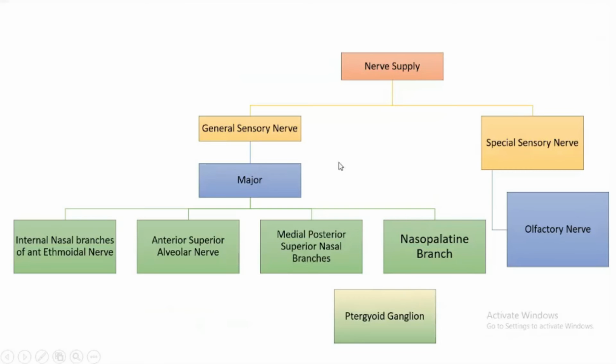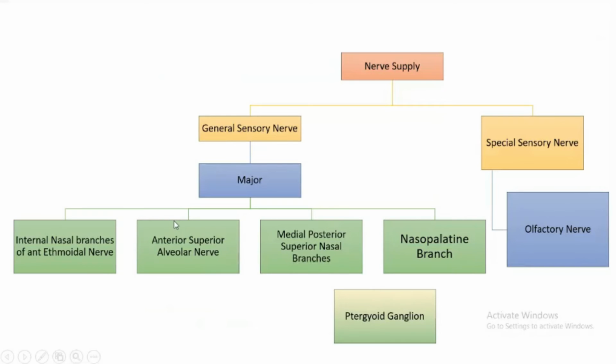And under sensory nerves, we have further divided into general sensory nerves and special sensory nerves. Under general sensory nerves, we have the internal nasal branch of the anterior ethmoidal nerve, anterior superior alveolar nerve, medial posterior superior nasal branches, and nasopalatine branches. And under special sensory nerves, we have the olfactory nerve.